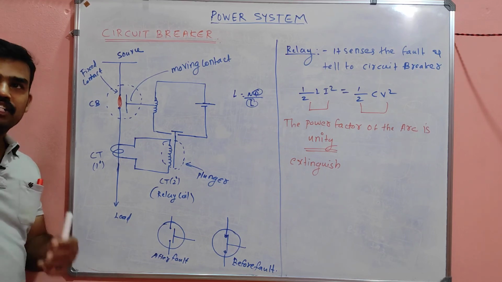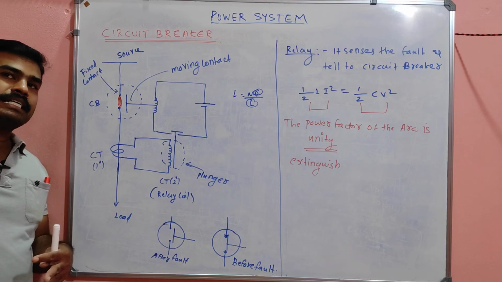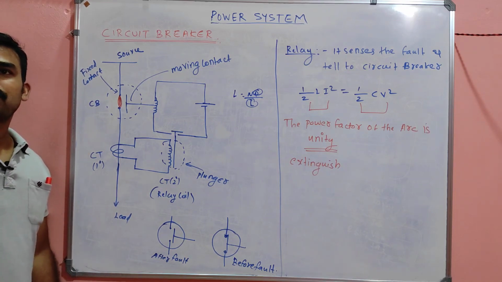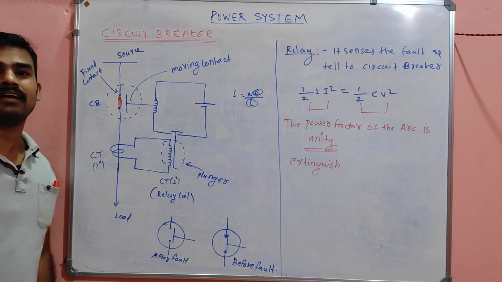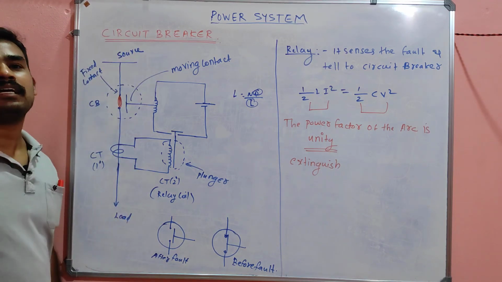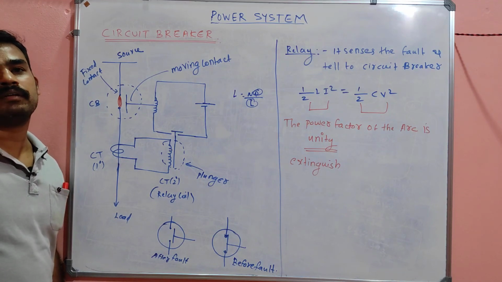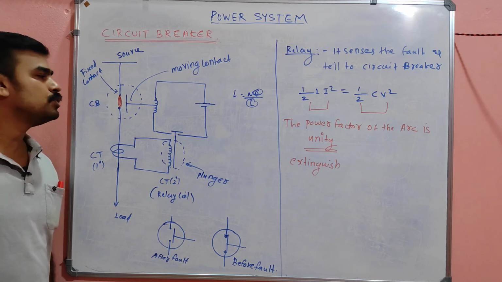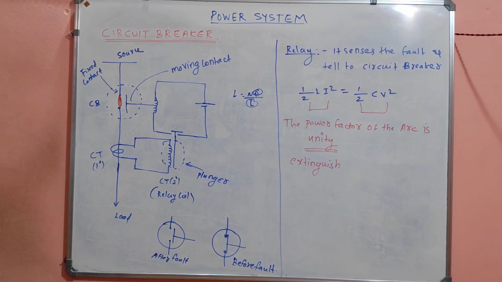If the fault exists continuously, the circuit will be in trip condition. In the home also we can see the circuit breaker. It can be operated manually, or it will happen automatically. So that's all about the circuit breaker.